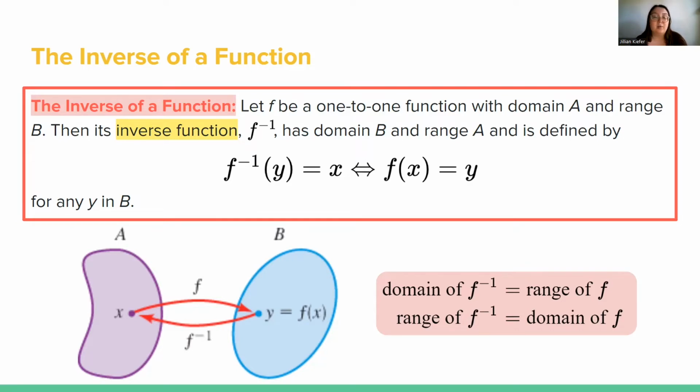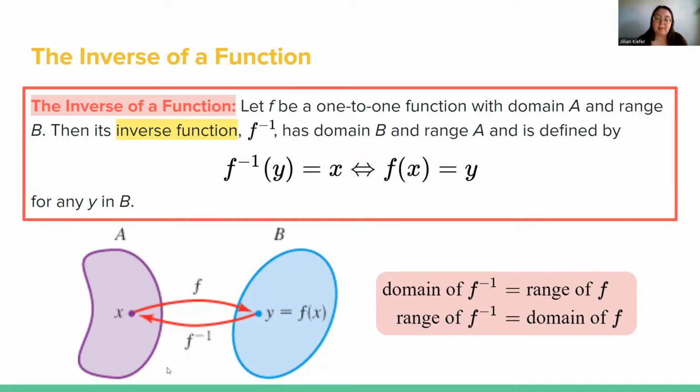So remember how we said a little bit earlier, inverses will take in an output and spit out the input, where functions normally take in the input and spit out the output. So that's what we see here for f of x is equal to y. It's taking x, giving us y. Your inverse function takes y and gives us x. And this is for any y in B.